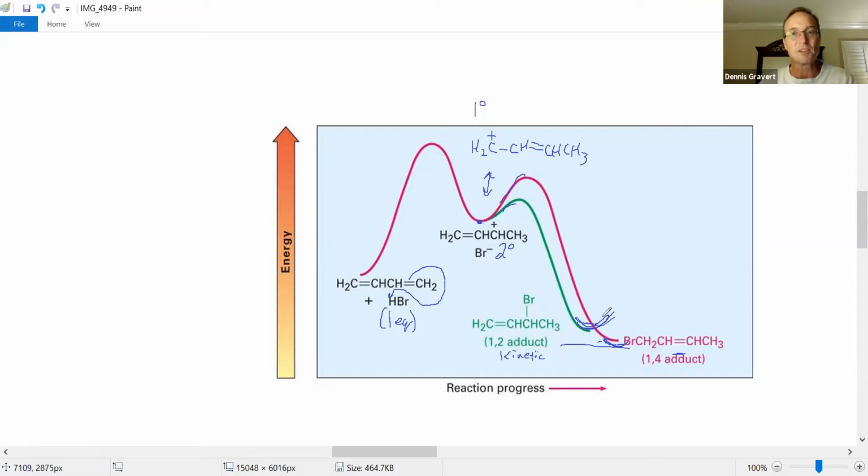A lot of this material can go backwards, go here and try again. And when it makes this more stable one, that activation energy is much higher, so it's less likely to reverse and stays down here, the more stable product. This one reverses, sometimes goes over here and back and forth, setting up equilibrium so that at high temperatures, you get more of the 1,4 product.